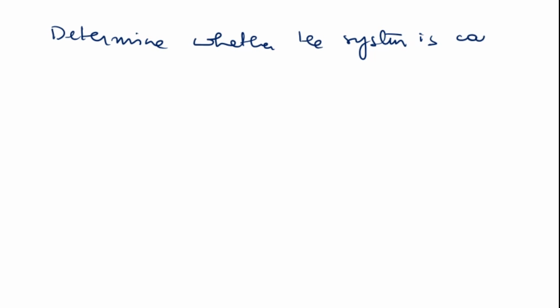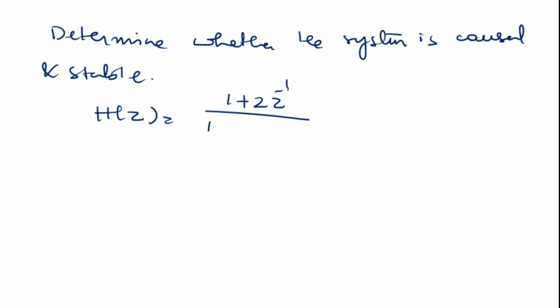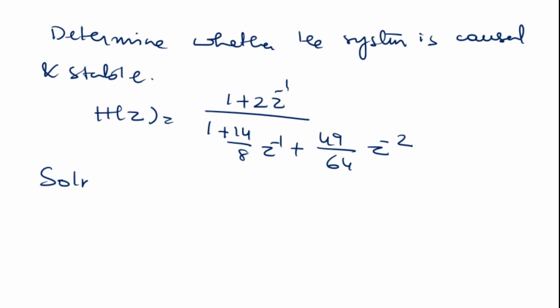Determine whether the system is causal and stable with h of z is equal to 1 plus 2z inverse divided by 1 plus 14 by 8 z inverse plus 49 divided by 64 z to the power minus 2. It is given h of z.